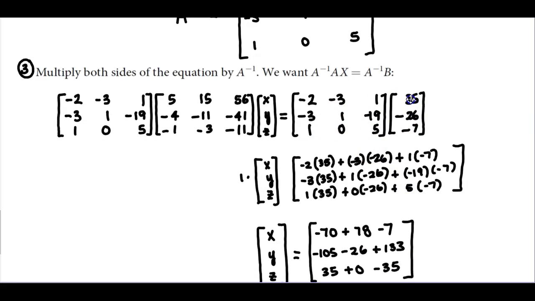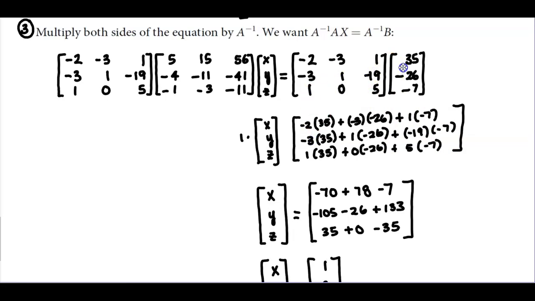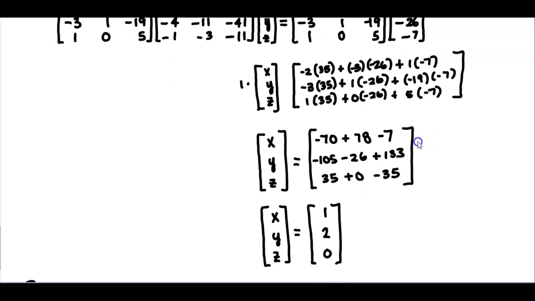So we have negative 2 times 35 plus negative 3 times negative 26 plus 1 times negative 7. Then we have negative 3 times positive 35 plus 1 times negative 26 plus negative 19 times negative 7. And we have 1 times 35 plus 0 times negative 26 plus 5 times negative 7. So let's go ahead and multiply it out.